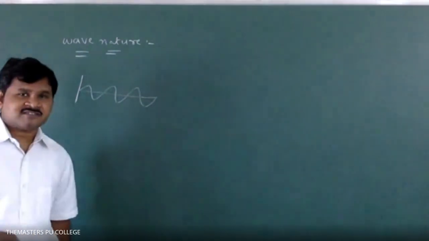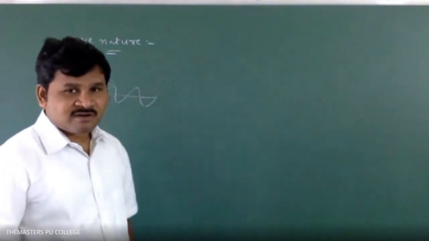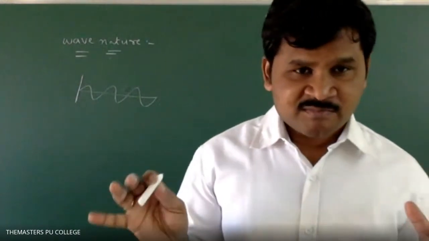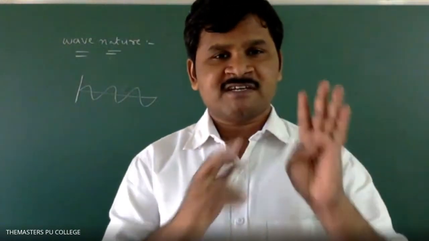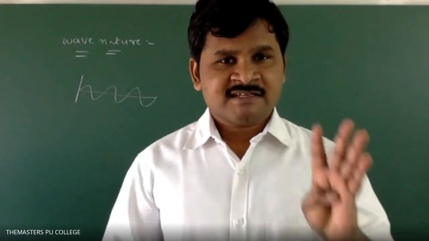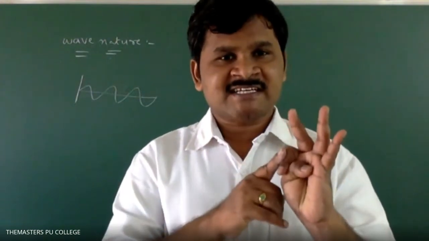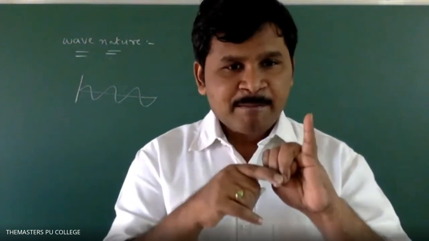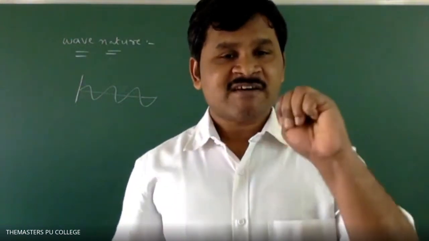These waves have some characteristic properties. What are the characteristic properties? These you have to remember, students. First one is wavelength. Second one is frequency. Third one is velocity. Fourth one is amplitude. And fifth one is wave number.